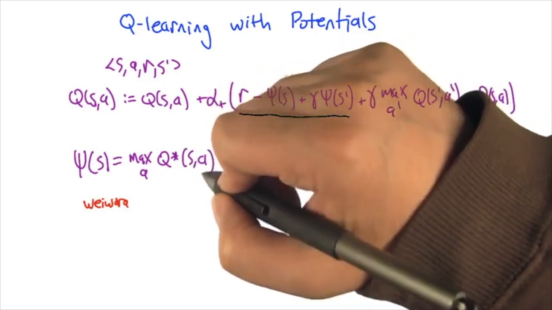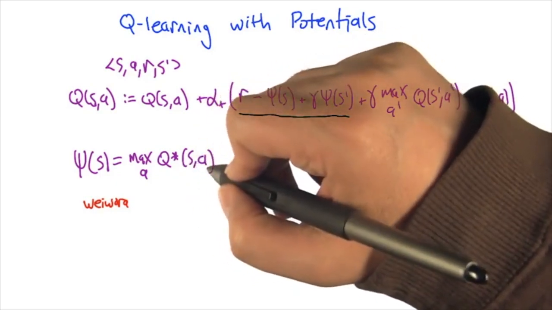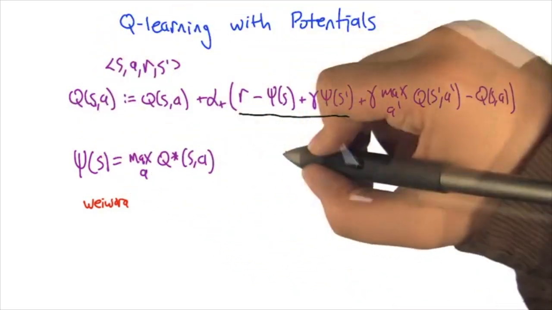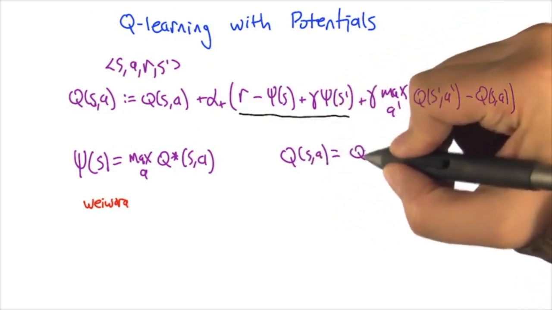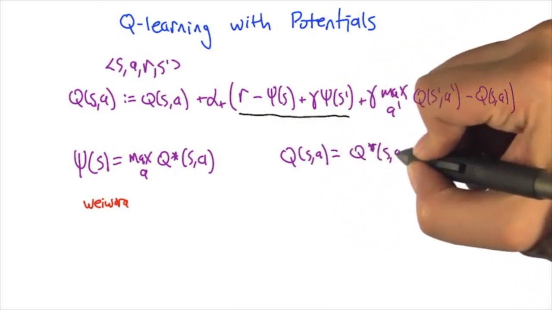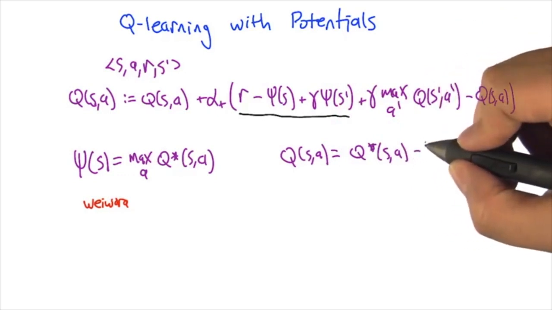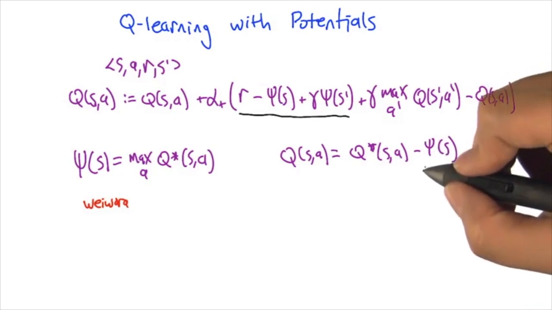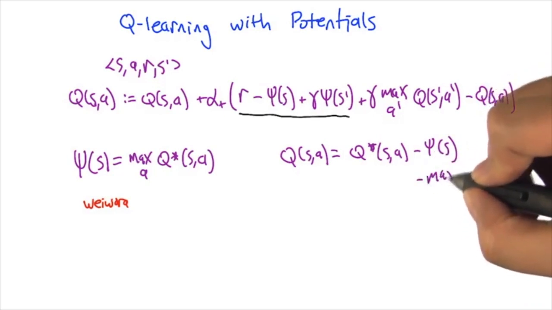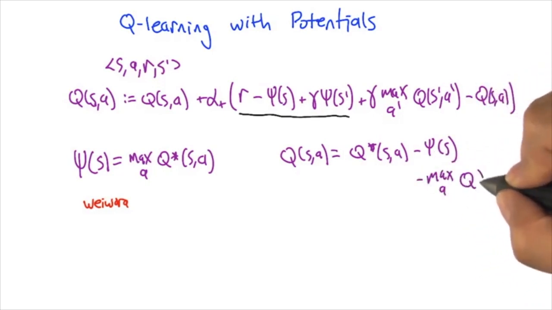But what does it do to Q? What does Q end up being in this case? 0. Is that obvious? Q(S,A) is going to be Q star of SA minus psi of S, right? That's what we figured out on the last slide. And this psi of S is exactly max over A of Q star(S,A).